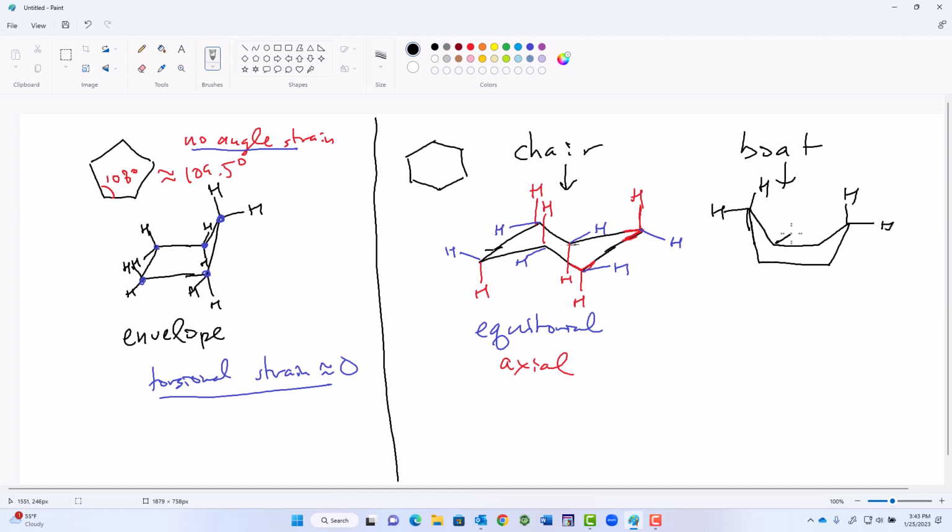So it's not the ideal structure, but it is a possible structure. If we had to choose between these, we would choose the chair conformation because it is the most stable conformation. But boat is along the way to chair, and we'll see where this boat comes in a second. So boat is less stable, and chair is going to be more stable.